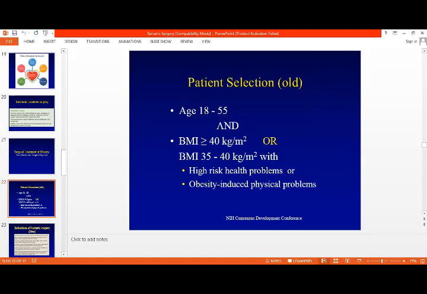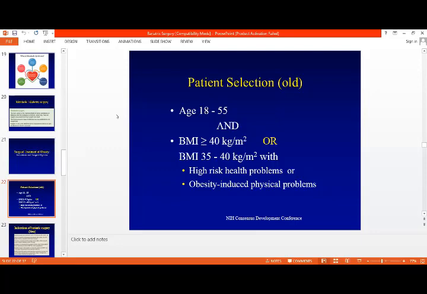Or BMI can be between 35 to 40, that is class 2 obesity, but the patient has high-risk health problems or metabolic syndrome or coronary artery disease, or obesity-induced physical problems like osteoarthritis, knee pain, and sleep apnea syndrome. So previous indications were these two: BMI more than 40, or BMI between 35 to 40 with comorbidities, and the age of the patient should have been between 18 and 55.